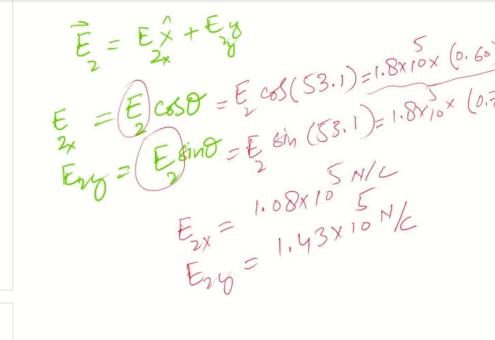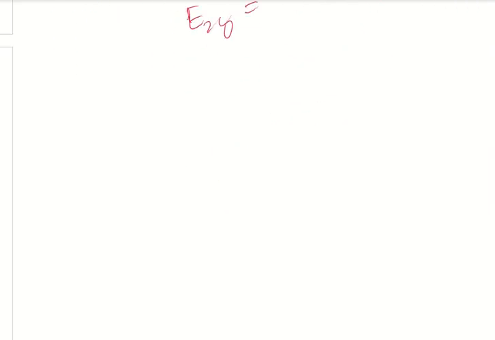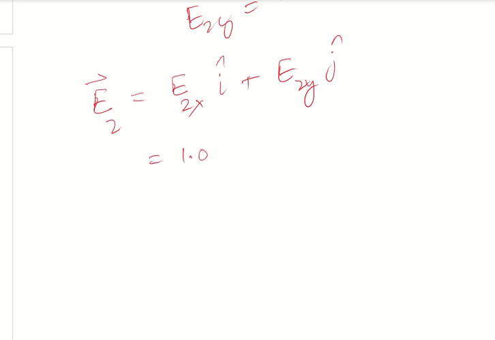And now if you want to write this in vector form, vectorial form, that is also easy. So we have now E2 in vector shape, that is E2x i unit vector plus E2y j unit vector, and E2x we have now 1.08 into 10 raised to the power 5.